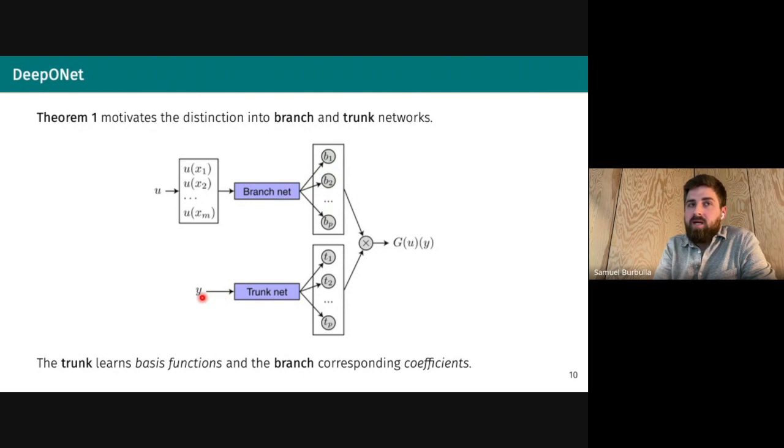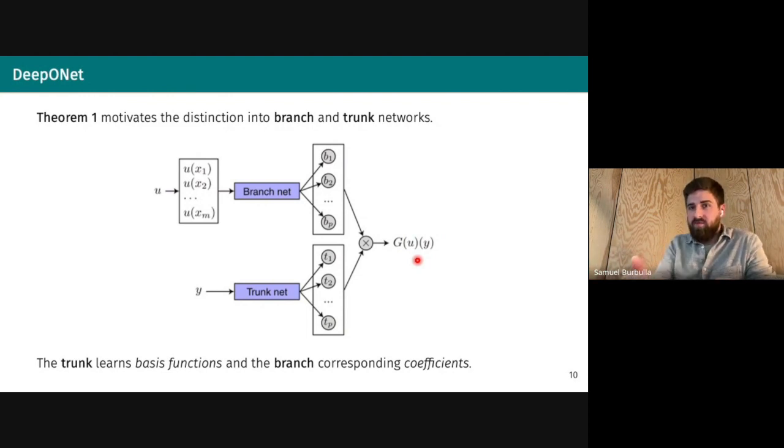The second one is we have a y, the coordinate y, which enters a trunk network, which was also a simpler network, but it could be a general neural network, which gives you this vector of t1 to tp. And then you make a scalar product, and this sums up to an approximation of the operator evaluated in u, evaluated in the coordinate y.